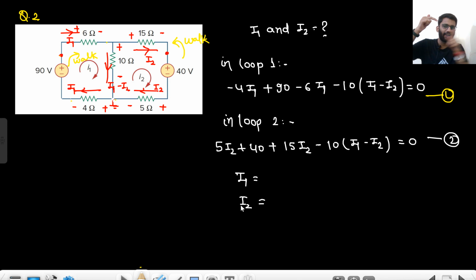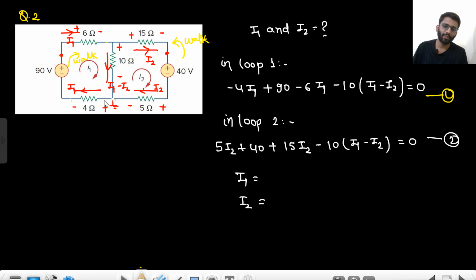I1 is going that way, I2 is coming that way, or you can make the current in this direction as well. It depends on you. You can write down the equation based on that. First draw the potential drop and then just keep on working in the circuit.